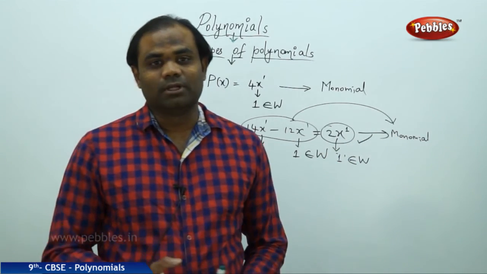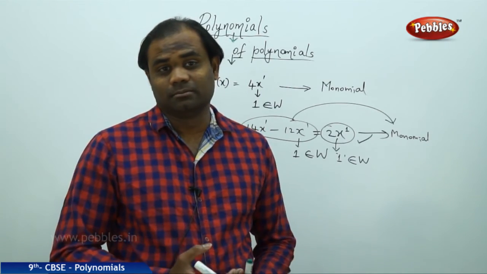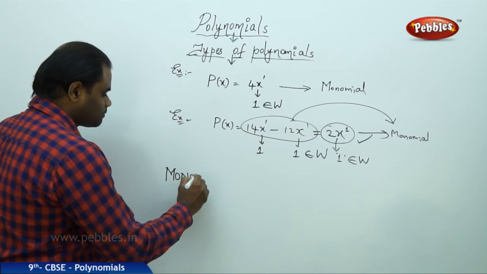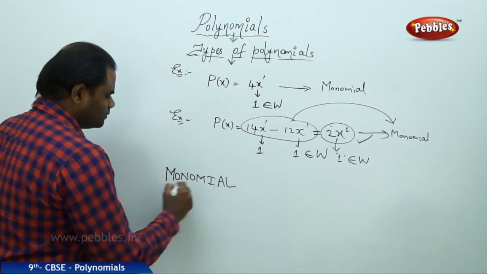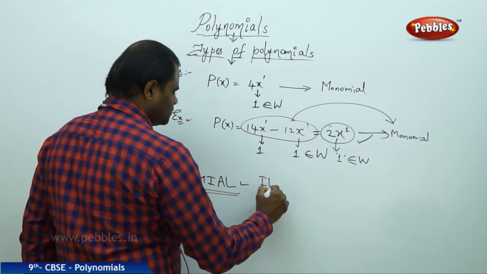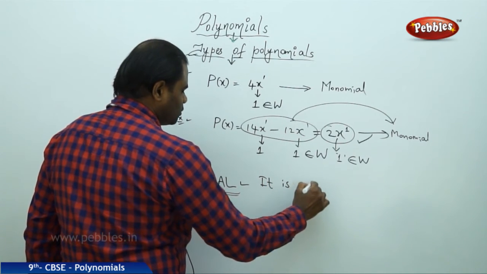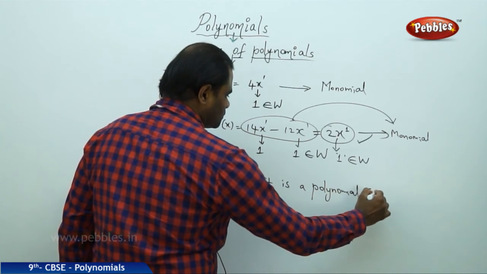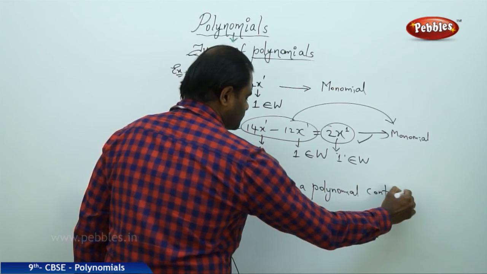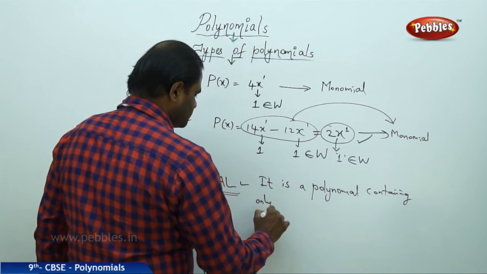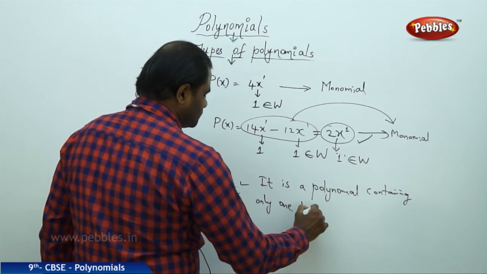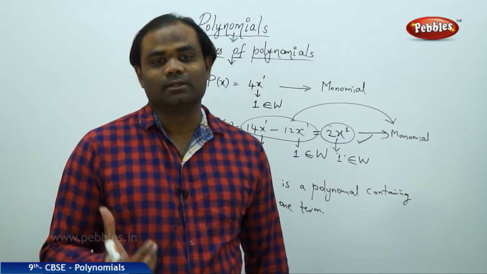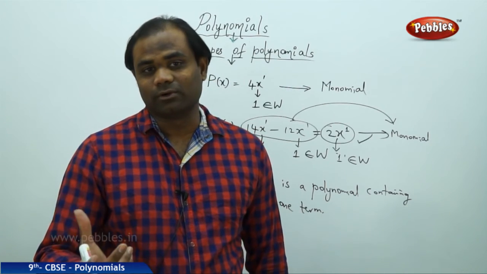A monomial is a polynomial which consists of only one term. So here I have the learning outcome, which says: monomial, it is a polynomial containing only one term, is how we define the monomial, a polynomial with only one term.